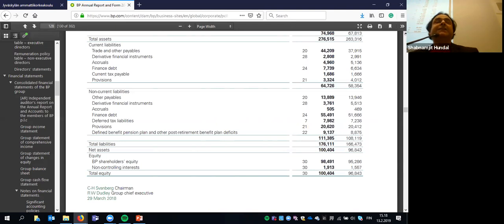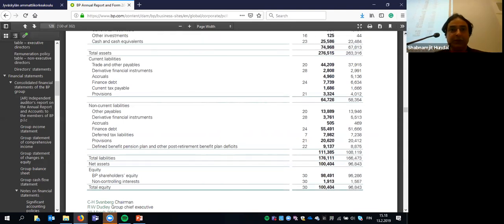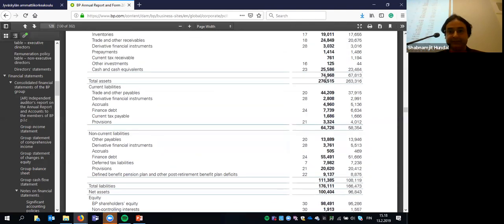It means that instead of first taking the data of liabilities and then adding to the capital, I can straight away see the total assets. This is my total capital employed, and this includes debt plus equity.